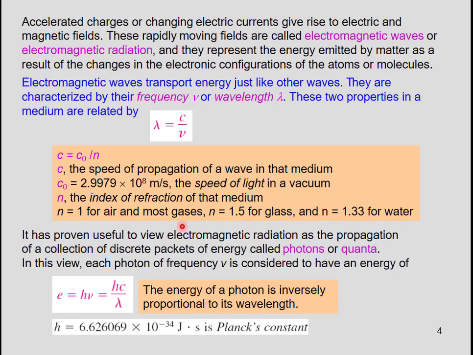And as you can see here, this n is only for transparent material, because electromagnetic waves usually we just consider when they are going through transparent material, and in most cases we calculate for this type of material.